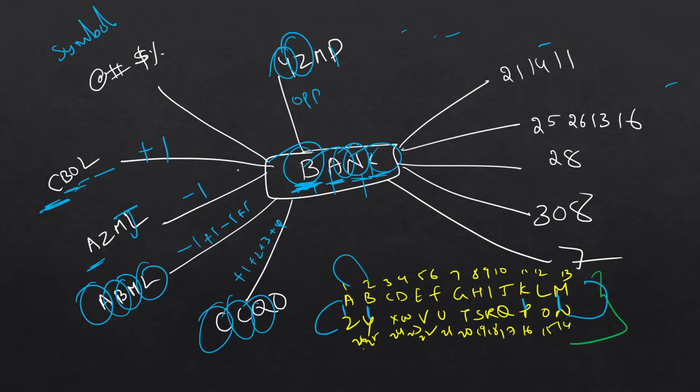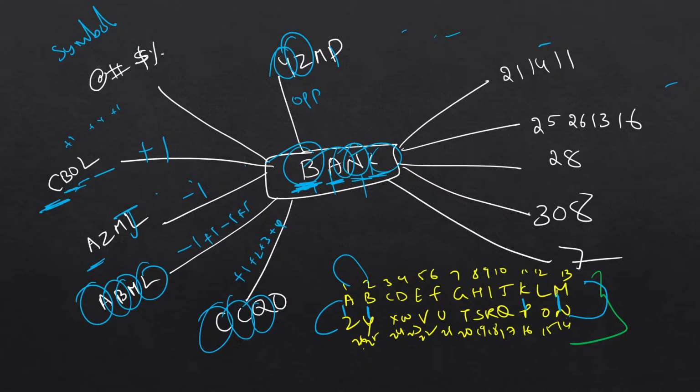So these are the common codings related to letters. Sometimes you will use +1 +1 +1, sometimes -1 -1 -1, sometimes alternate +1 -1, sometimes +1 +2 +3 +4 and so on, or sometimes you will simply use opposite letters.